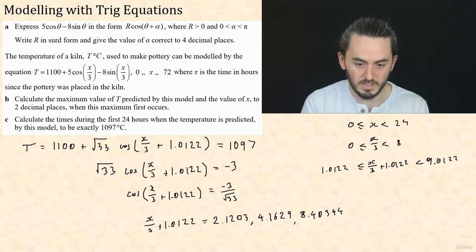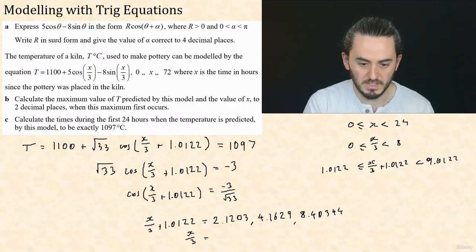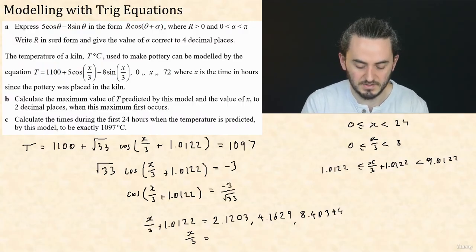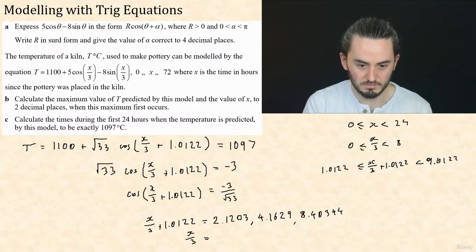If I add 2 pi to this one, 4.1629 plus 2 pi, it takes me outside of the range I've made for myself. So that means x over 3 equals, and I now just need to subtract 1.0122 from each of these. It's quite a lot of keying in these questions, but not necessarily difficult. This first one, I get 1.1081.